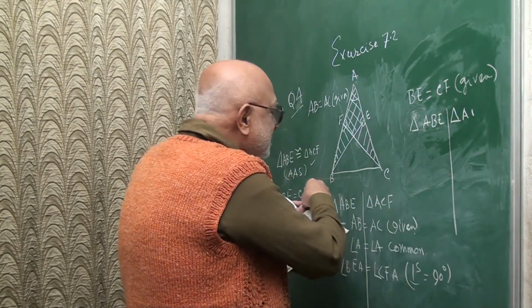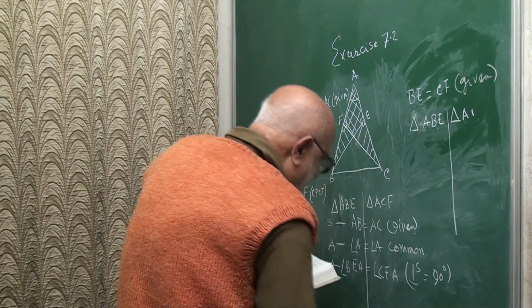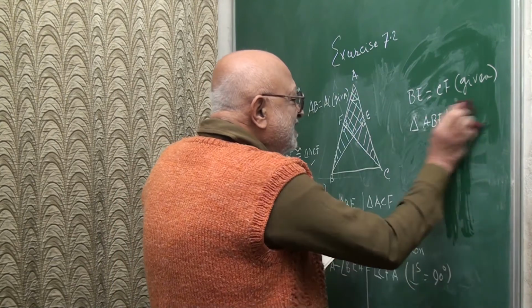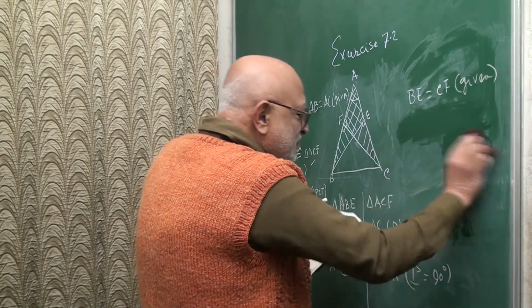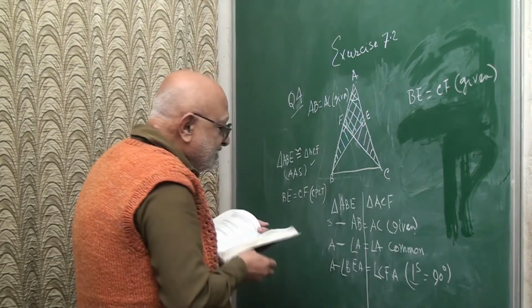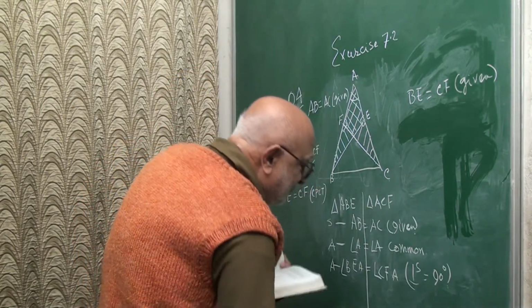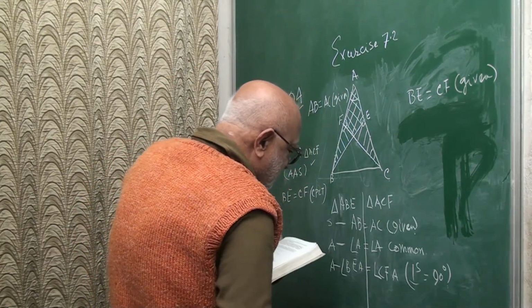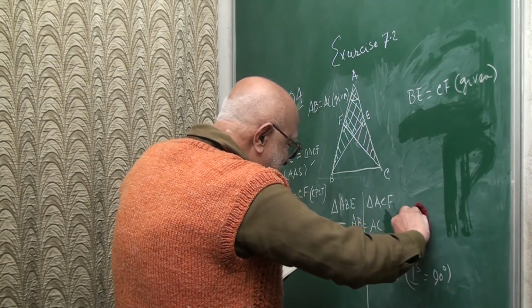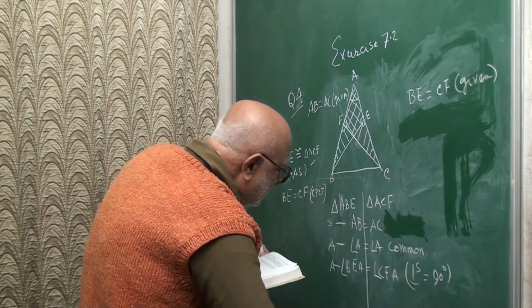Why am I writing the same thing over and over again? I can use this part itself. So this is not given anyway. In fact, this you have to prove. So this is to be proven.